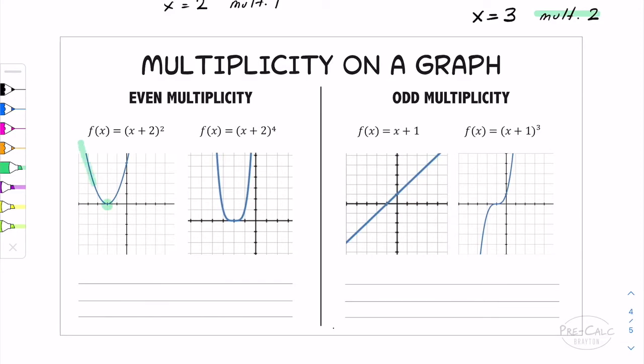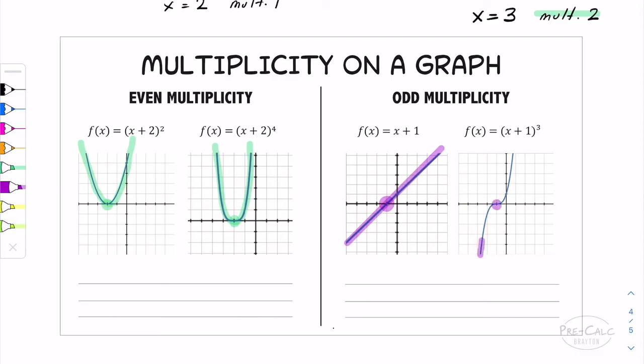The graph comes down, touches that point, heads back up. In this graph, we have a 0, it comes down, touches it, heads back in the same direction. If the multiplicity is odd, the graph is going to cross through at the associated 0. So in this graph, there's a 0 here, and the graph goes right through that point.